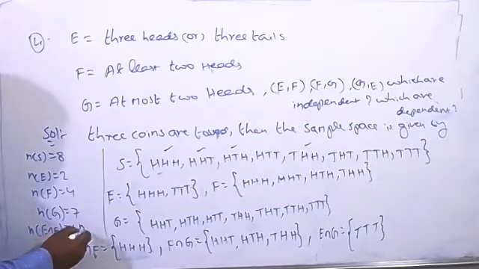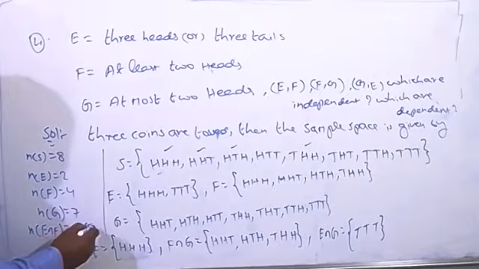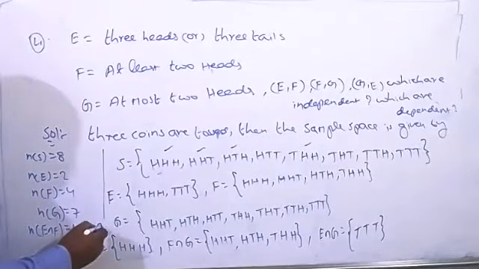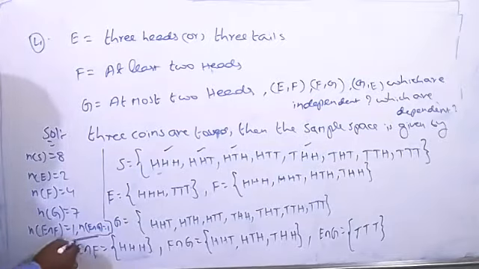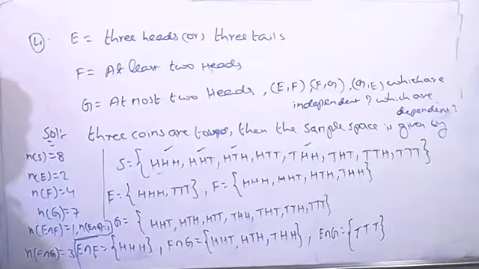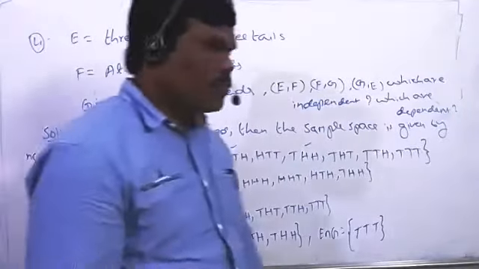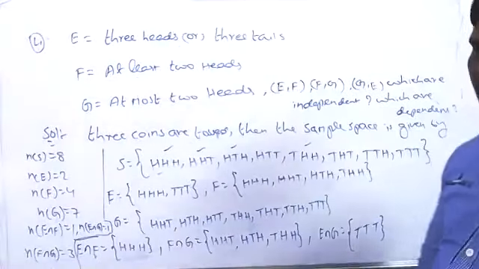The same way, n of E intersection G is also 1. Next, n of F intersection G is 3. Now we can find all the probabilities.